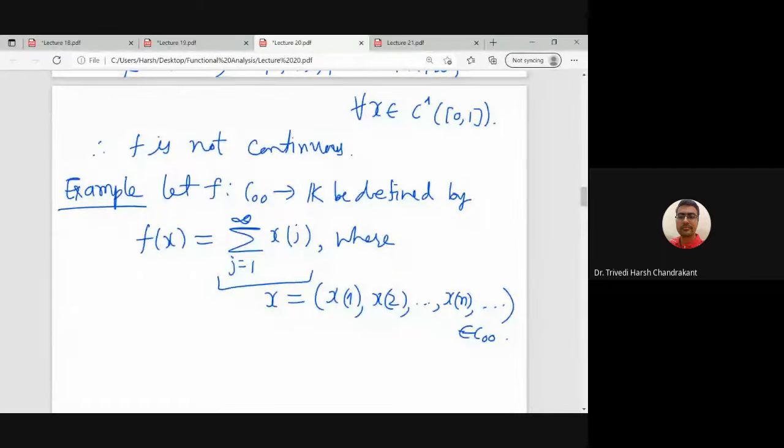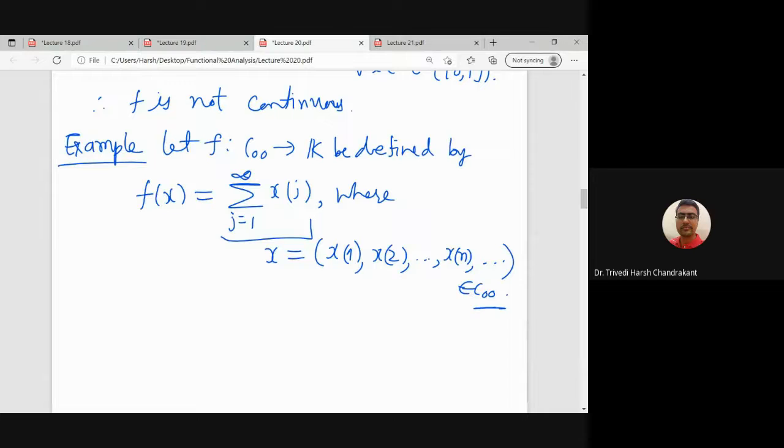So since x belongs to C00, only finitely many terms are non-zero. Other terms are zero. So when we add those terms, it becomes a finite sum because other terms of the series are zero. Right? So therefore, this series is always convergent because we are taking x from C00. If we take x from any sequence space, this may not converge.